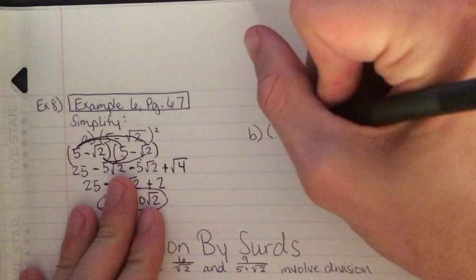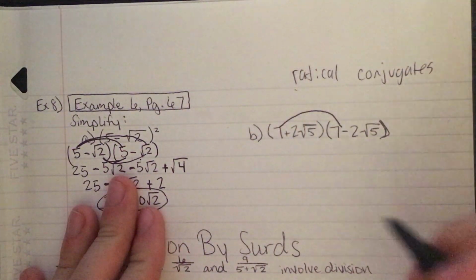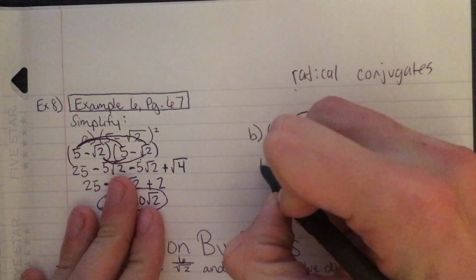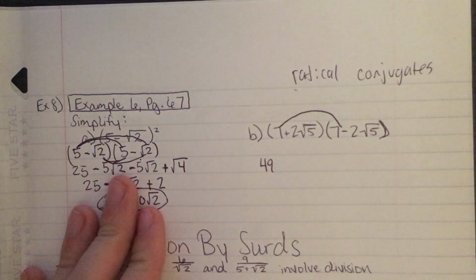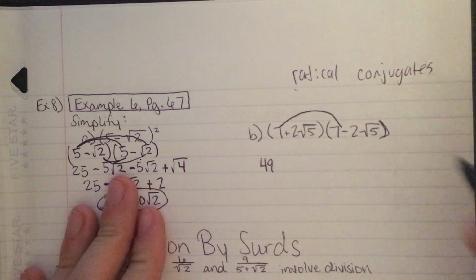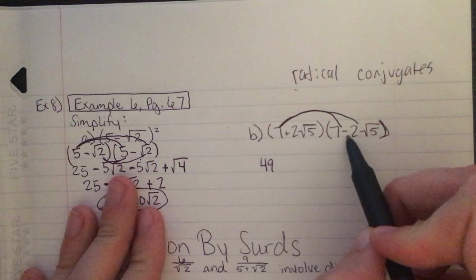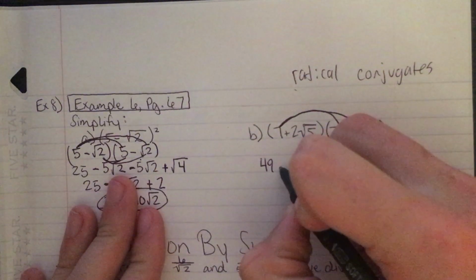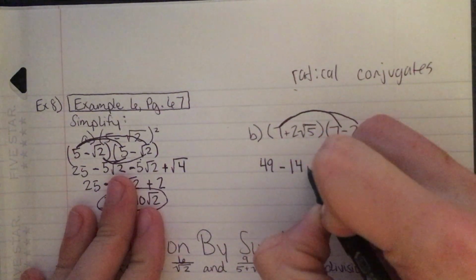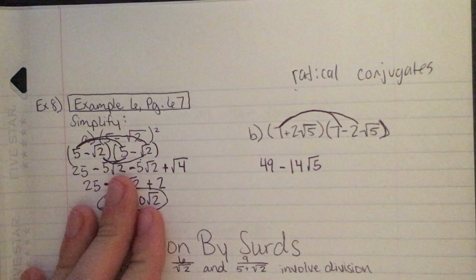So if we've got 7 times 7 there, that's going to give me 49. If we do 7 times negative 2 square root of 5, that's going to give me negative 14 square root of 5.